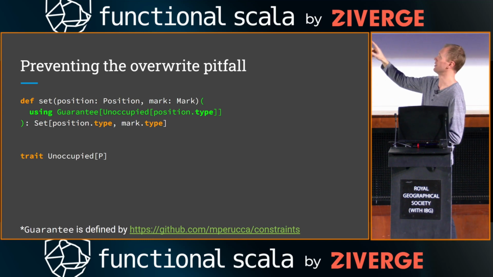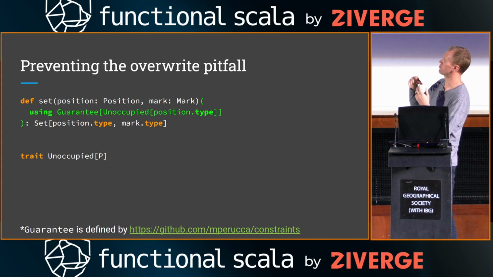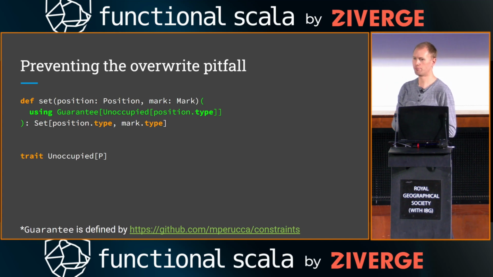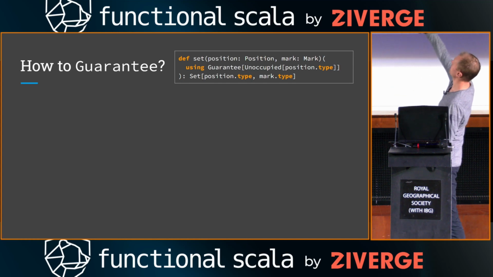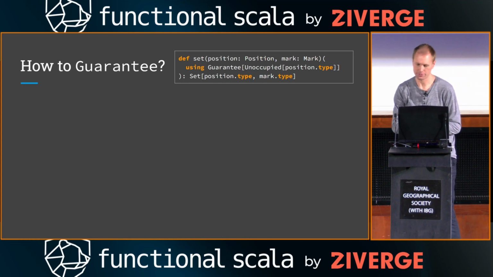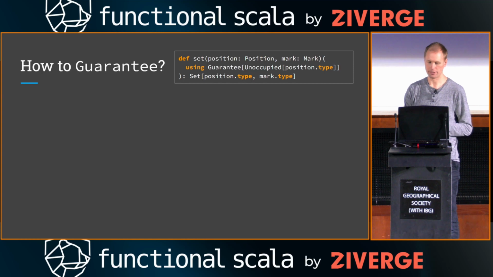And unoccupied is just an empty trait. So right now, basically, this just reads nicely, but maybe we don't know how it works. So we need to have a guarantee that it's unoccupied at that position type. But how do we guarantee, right? So up here we have the position, or our set method definition.